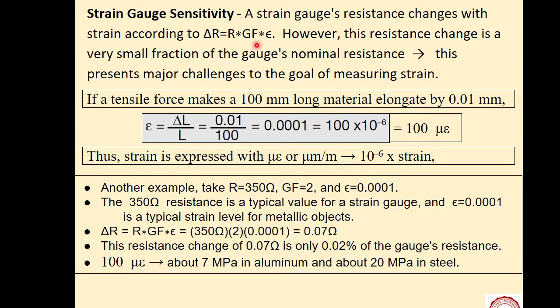Okay, clear. However, this resistance change is a very small fraction of the gauge nominal resistance. So this presents a major challenge to the goal of measuring strain. What does it mean? This change in resistance value is very low. Okay. Because we have already seen this gauge factor value is around 2. Yes, sir.